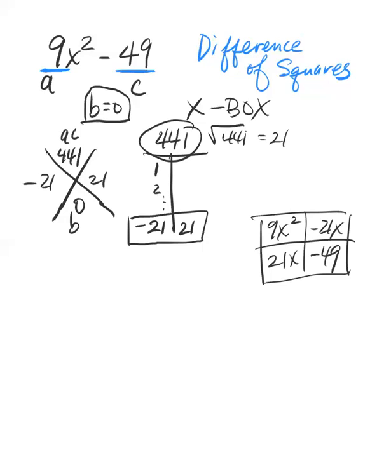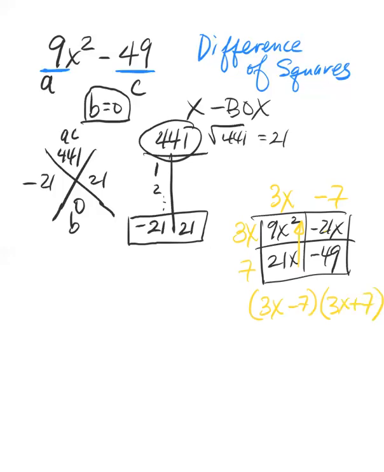Okay, so I'll factor this out in yellow. What can I factor out of here? I can factor out a 3x. So what times 3x is going to get me 9x squared? Another 3x. What times 3x is going to get me negative 21x? That's going to be a negative 7. To get positive 21x, that's going to be positive 7. And our answer is 3x minus 7 times 3x plus 7.